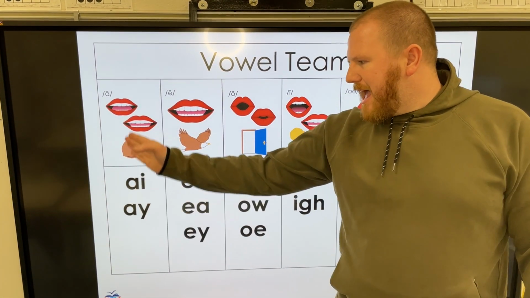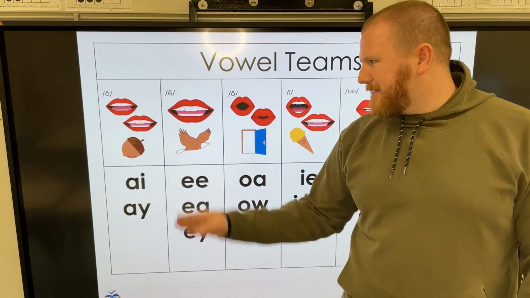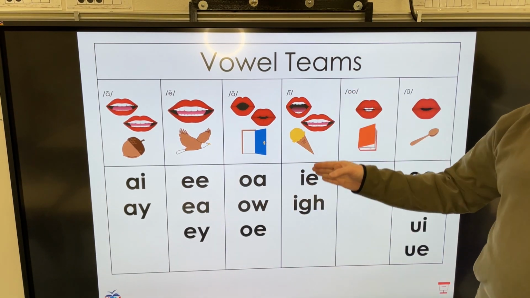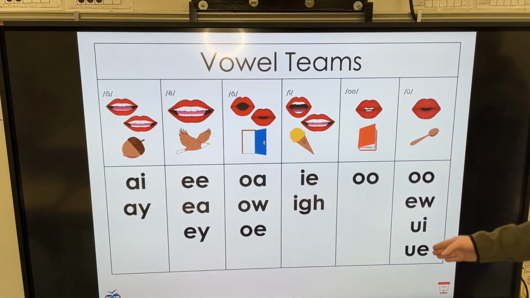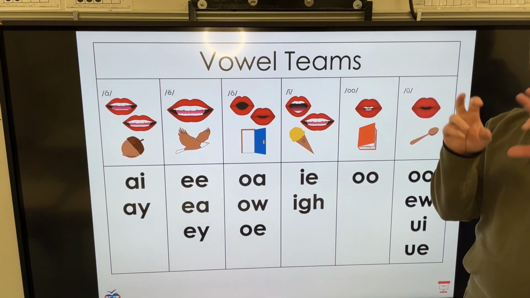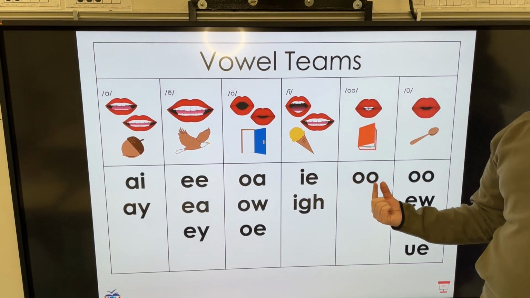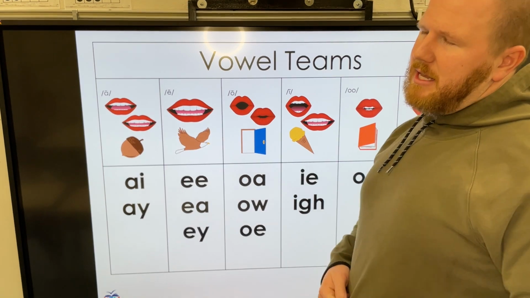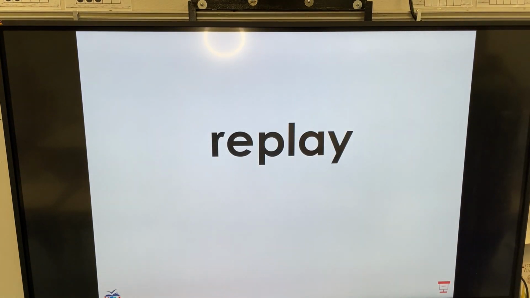So these are the A vowel teams, E vowel teams, O vowel teams, I vowel teams, U or OO vowel teams. But this one's fun because this doesn't go under any of those. This only can be made if you have the 2 O's together, like ugh. And sometimes U's has that, but that's, anyway, moving on.